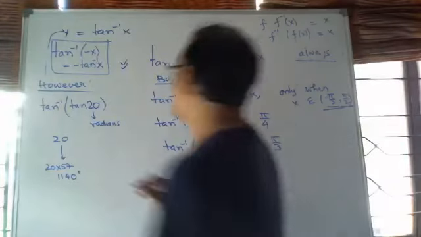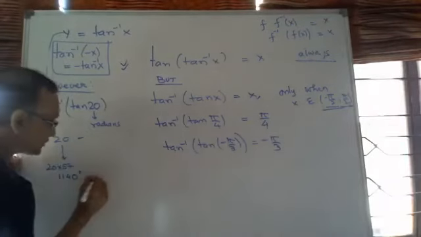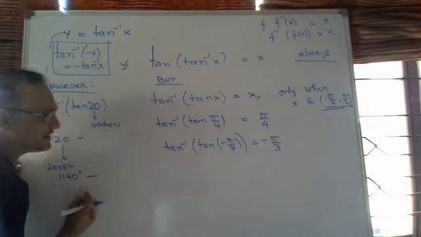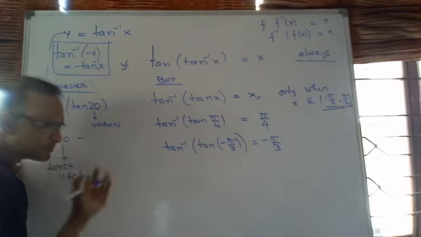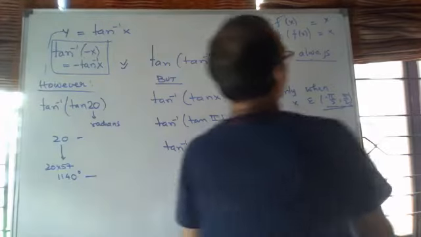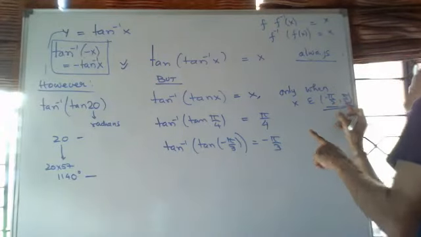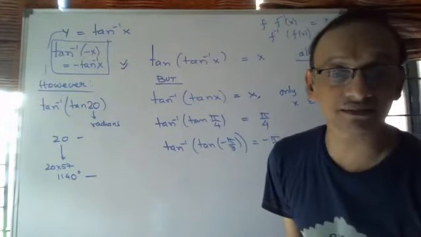Now from this 1140 degrees, you will subtract some integer multiple of 180 degrees so that the output lies in the interval minus 90 degrees to plus 90 degrees.